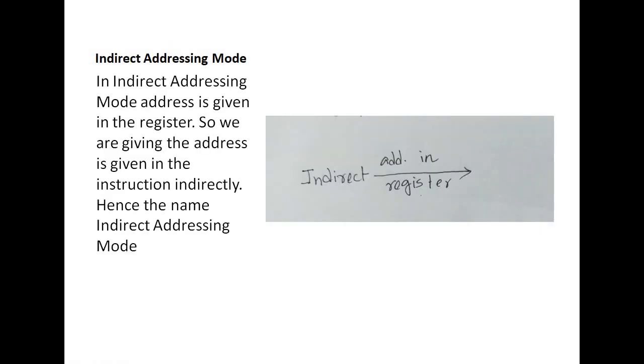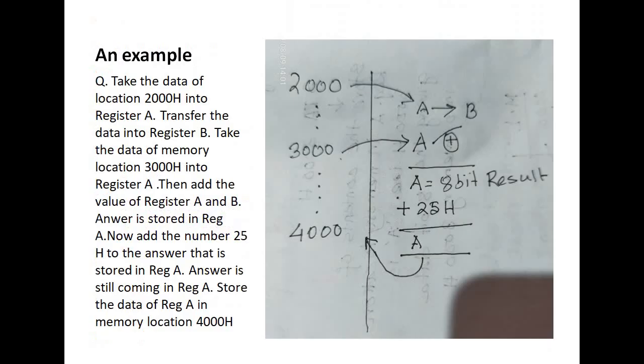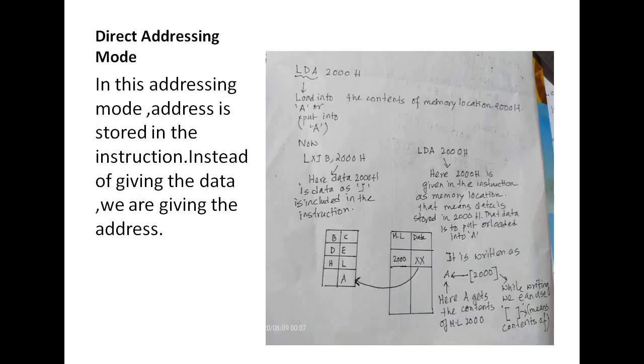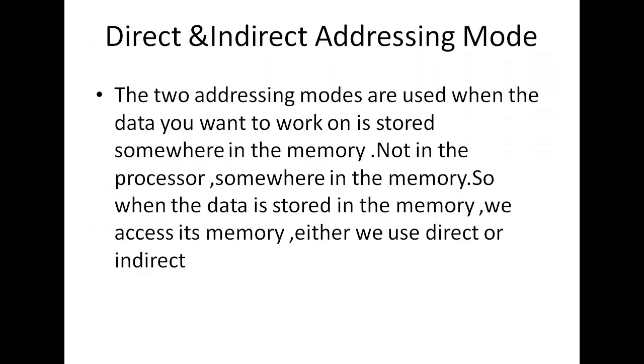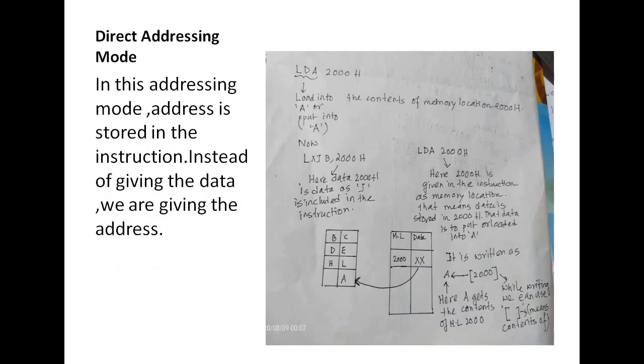Understood the difference? In direct addressing mode, the data was in the memory, and that particular memory was mentioned in the instruction, right?